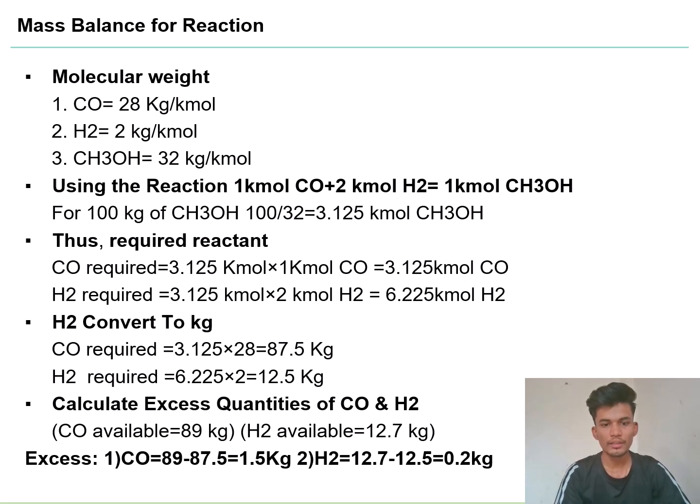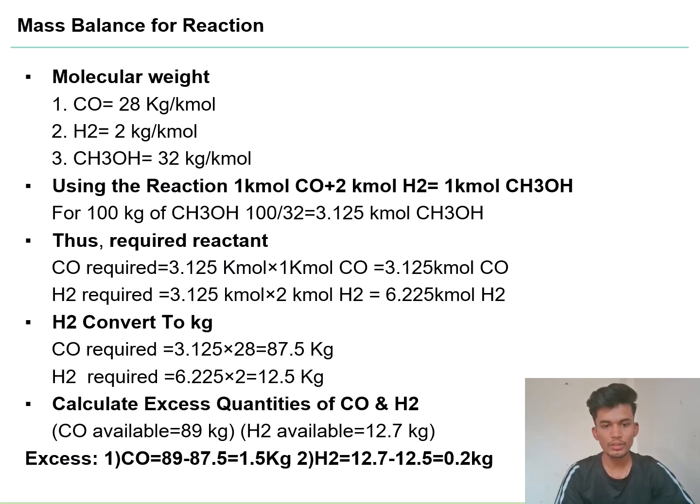Thus, the reactants required are: first, carbon monoxide is 3.125 multiplied by 1 kilomole, equal to 3.125 kilomole of carbon monoxide, and there are 2 kilomoles of hydrogen gas. So 3.125 multiplied by 2, we get 6.25 kilomole of hydrogen gas.